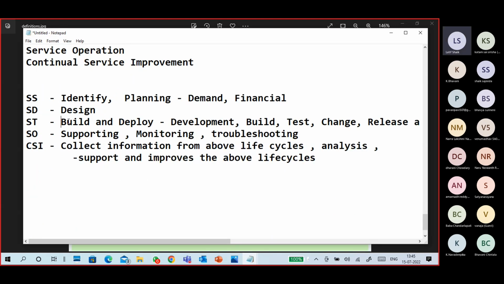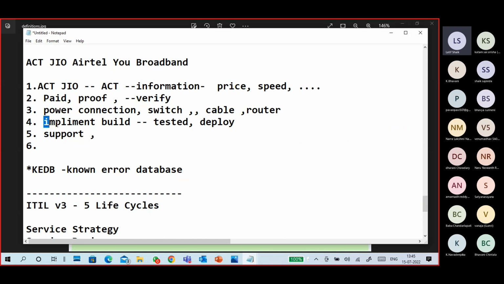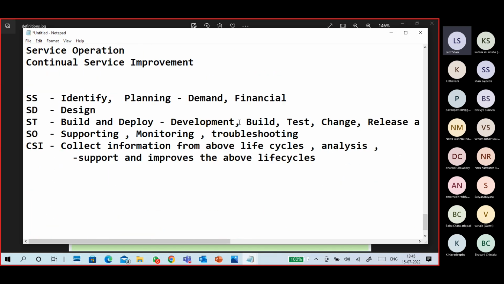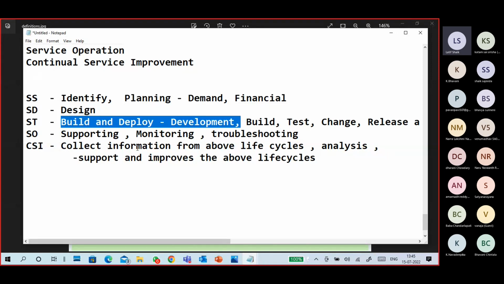Service strategy is build and deploy. So here it is implementation of the service, test it, make sure it is working, and deploy to the customers. Once it is deployed, make sure it is working fine. If you do it a better way, then we will get very few problems.